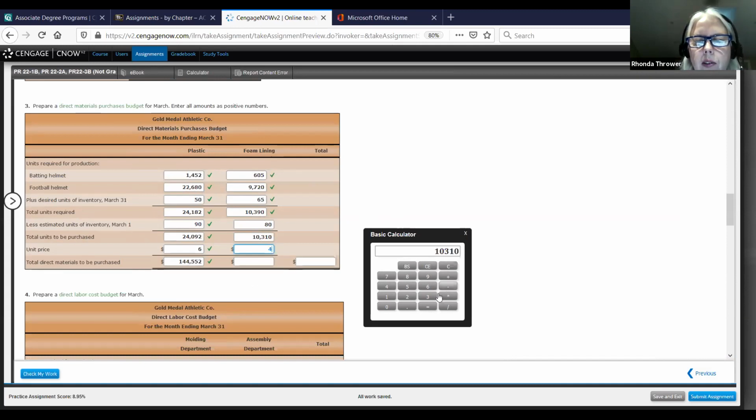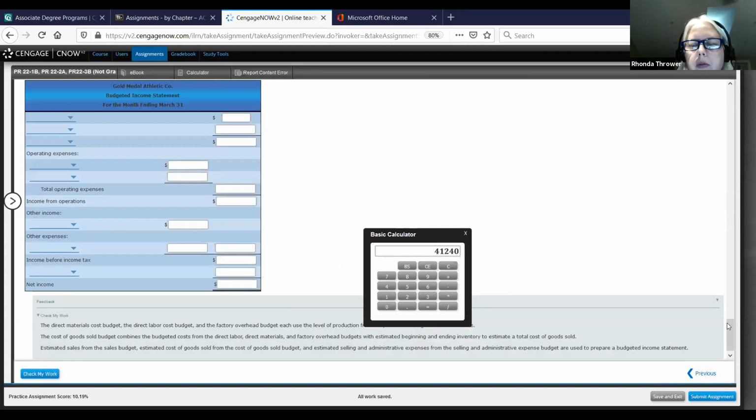So we're going to multiply this by $4, and that will give you $41,240 is the total amount of the direct materials that you're going to be purchasing. This is the dollar amount of the direct materials of the foam lining that you'll need to purchase during this period of time.